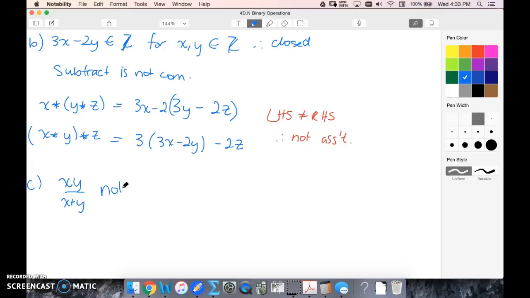So this is not always an element of the reals, so it's not closed. For example, x is 1 and y is negative 1. All right. We've got multiplication and addition. Both of those are commutative, so this is commutative.